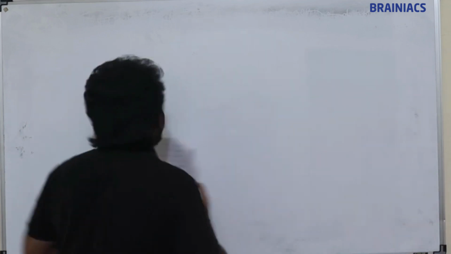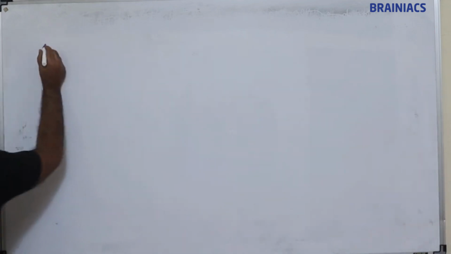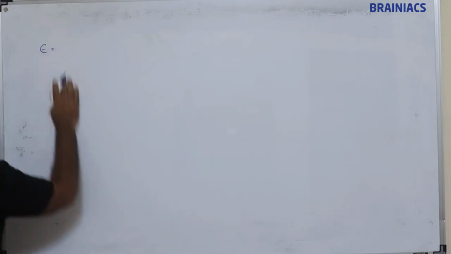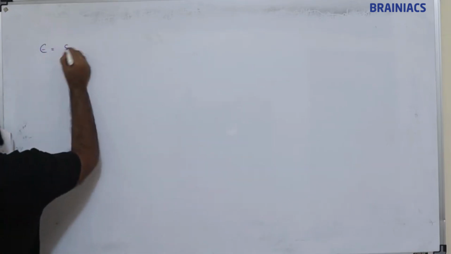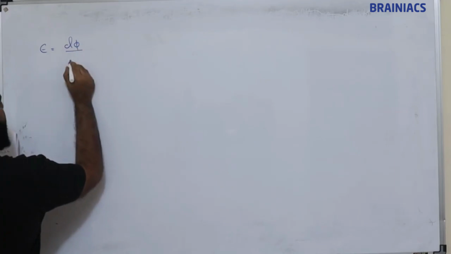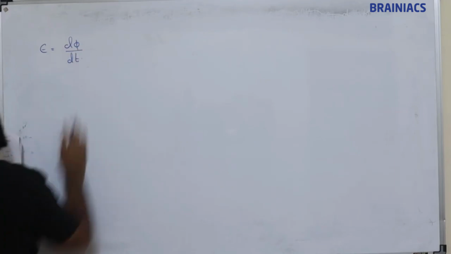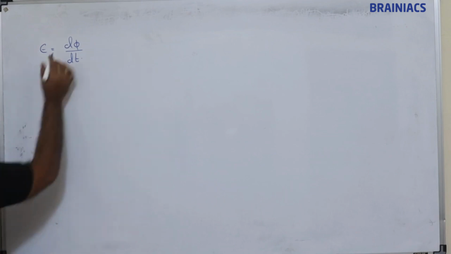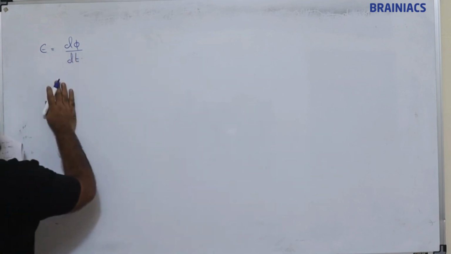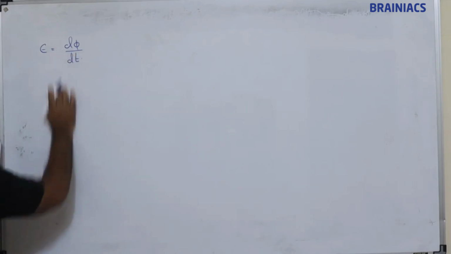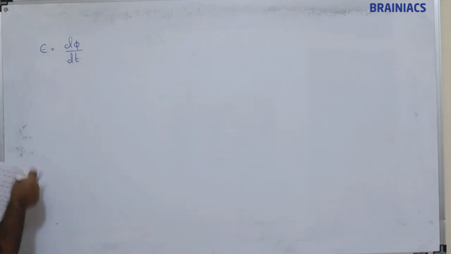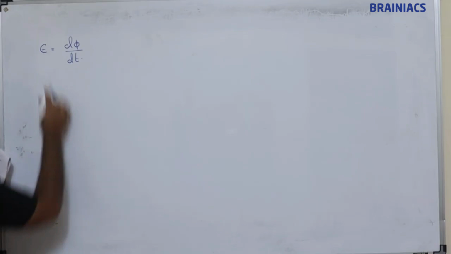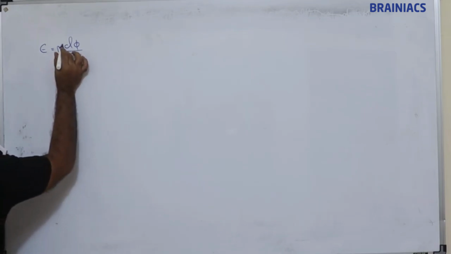Again, same thing we need to find. We have to find the EMF. So what is EMF? d phi divided by dt. Here the number of turns is given. This is a coil with 500 turns, so we will put N here.